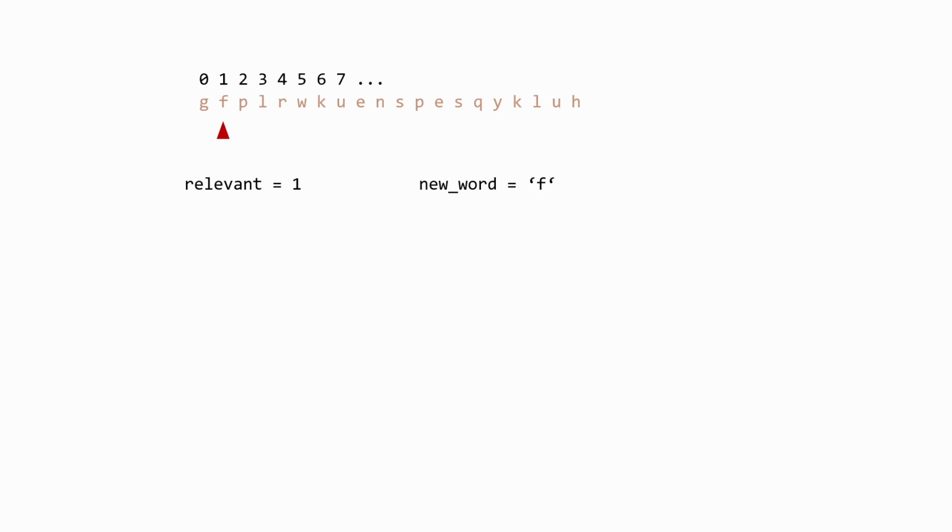So 1 plus 3 in total, which is 4. We do the same thing again, and relevant is 4 now, so we get the R. We append the letter R to our new word, and the length of our new word is now 2. So we add 2 plus 2, which is 4 in total, and we get 8 for relevant. So 8 will be the new index.